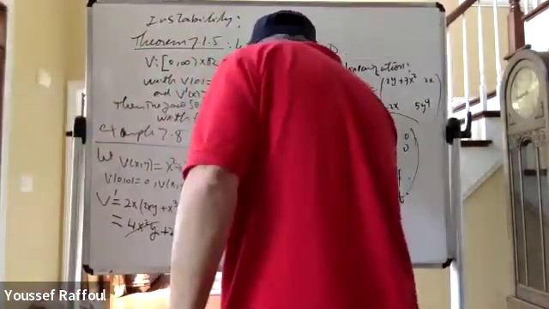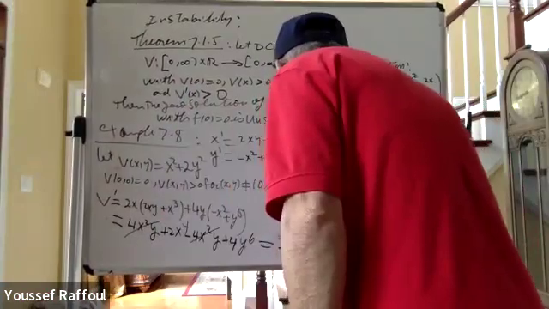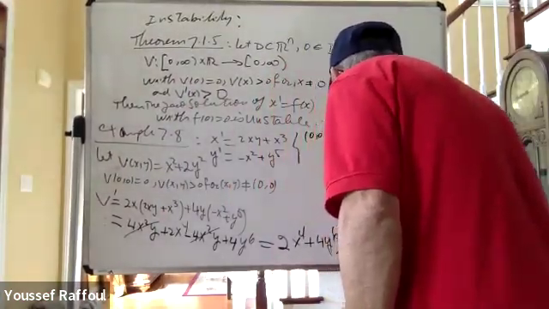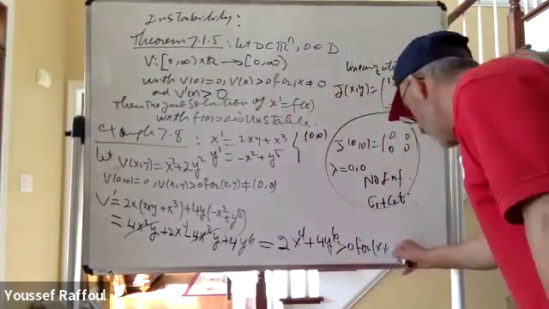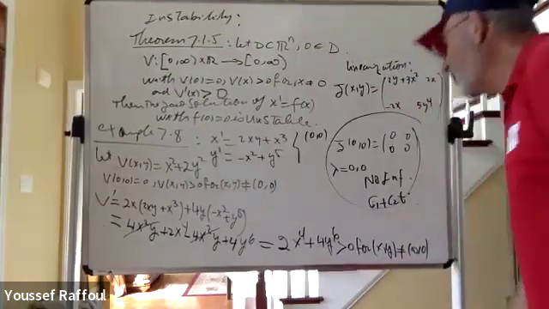So that is 2x to the 4th plus 4y to the 6th, which is positive for x, y different from 0, 0.